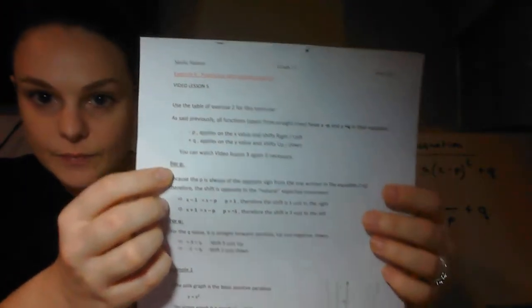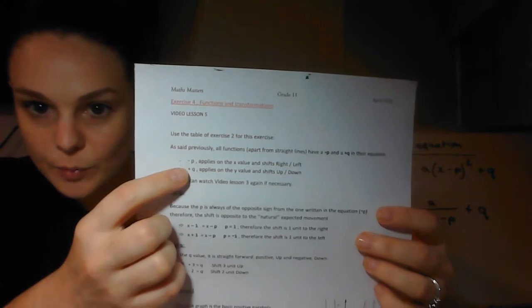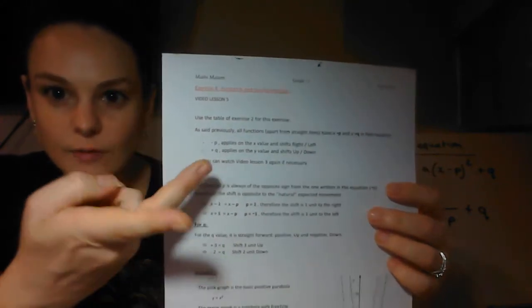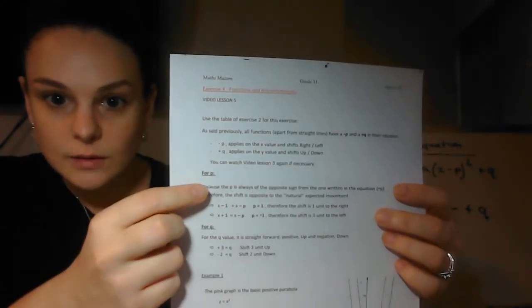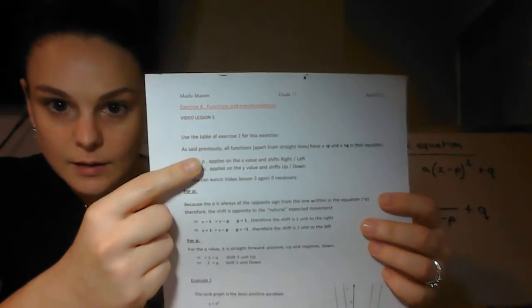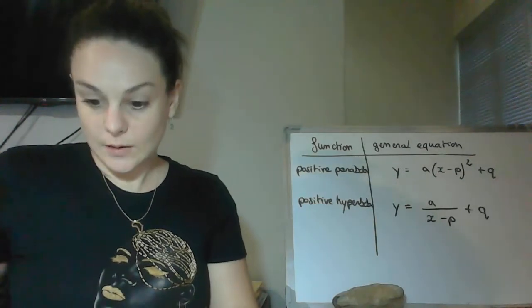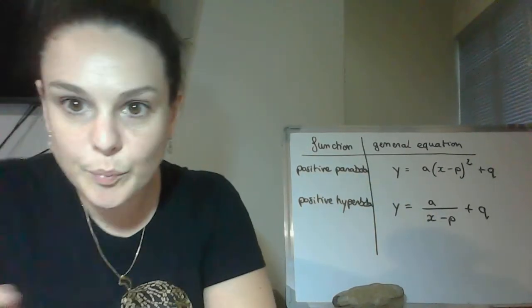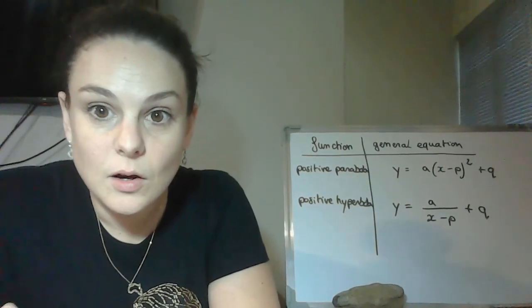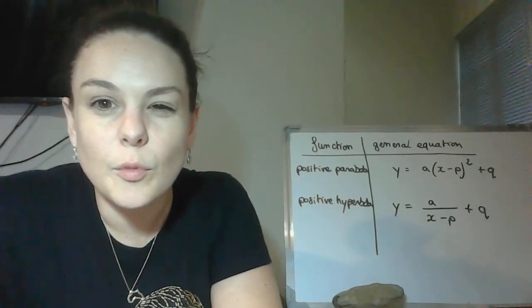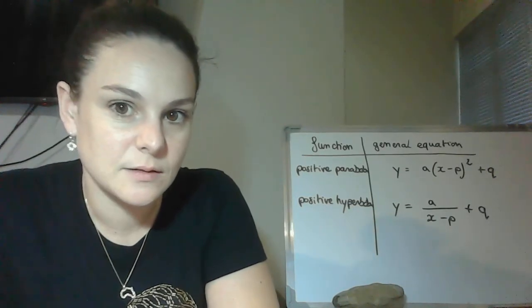Now, because you see there is a minus p and a plus q, that means that they have an opposite action. For the p, the p is written always as a minus in your equation. So this means that the p has the opposite effect of what you can imagine.